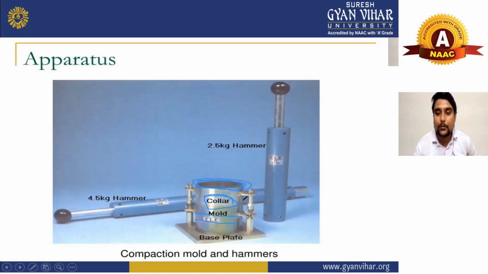After compaction, you remove the collar and remove the soil from here. Then you measure the weight of this mold. Before measuring the sample, you also have to take the weight of the mold, because you have to subtract the weight of the mold from the total weight of mold plus soil.